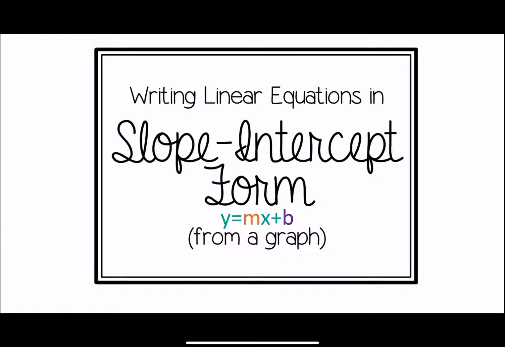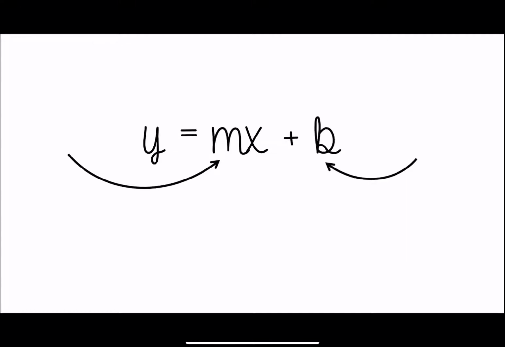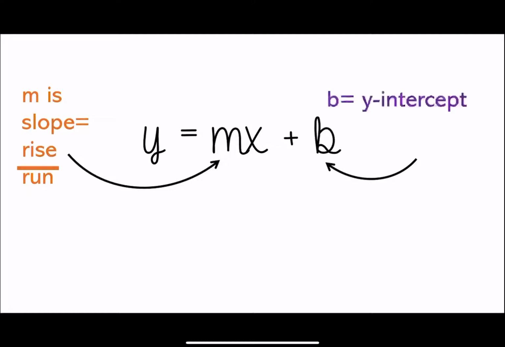So we're going to open this top flap, and we've got y equals mx plus b. So you'll want to remember that m is the slope, which is also equal to your rise over run. That rise over run is what helps us. That's why we always write up or down. And your b is your y-intercept.